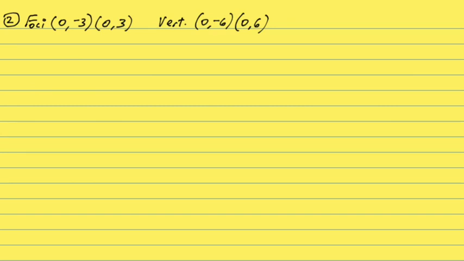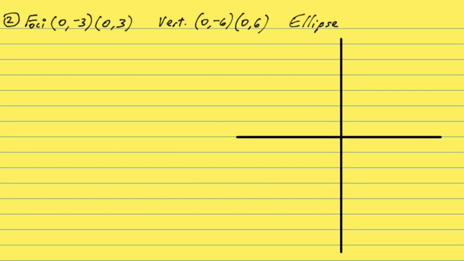Number 2, I would have to tell you again that this has some shape. Otherwise, it would be a little bit vague. So let me sketch these first. Anytime I'm given information, I tend to sketch it. 0, 3 is right here. 0, negative 3 is down here.